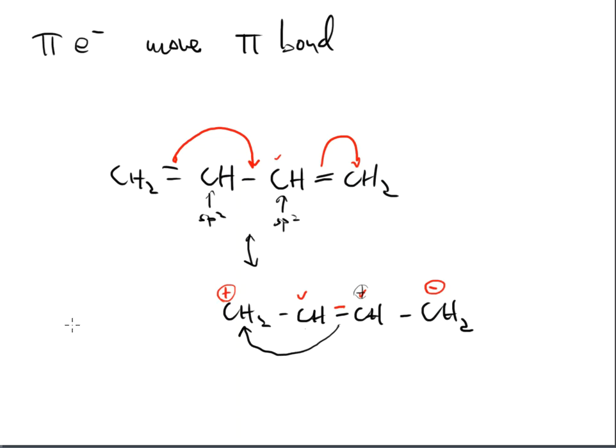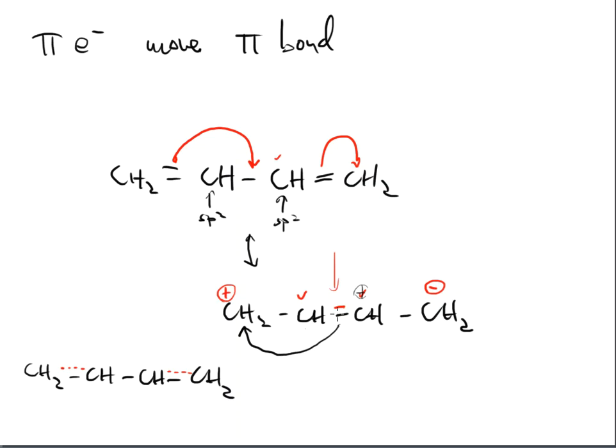If I wanted to do a resonance hybrid to show you what goes on here, I start with my original. CH2, double bond, CH, single bond, CH, double bond, CH2. Well, we know that the double bond doesn't stay put here, and we know it doesn't stay put there. So delocalization can happen here and here. Only part of the time is it there.